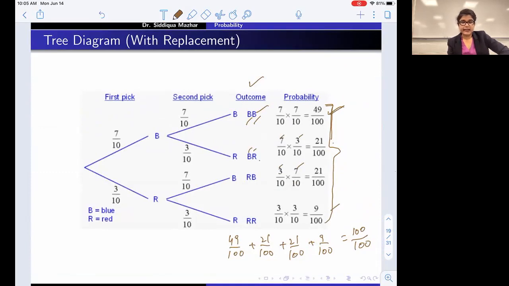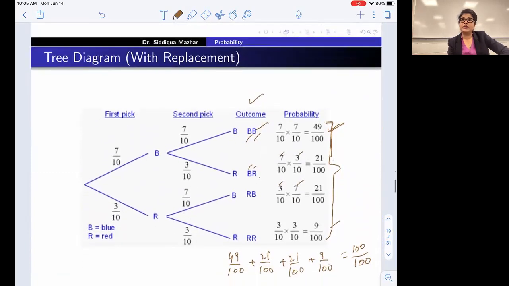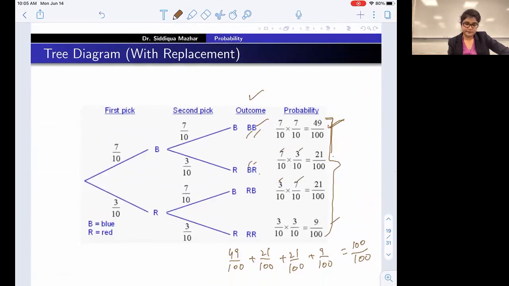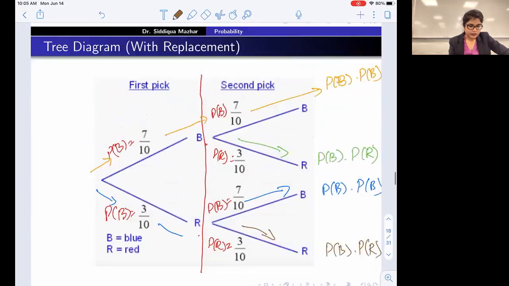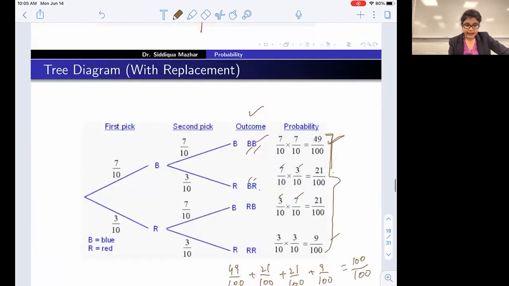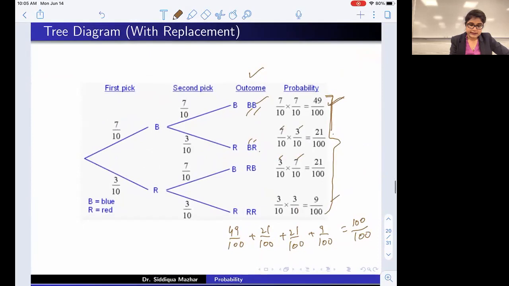The next one is at least one red or at least one blue. At least one blue means at least one or more. So it is the first three: blue, blue, blue, red, and red, blue. You have to add these first three together, 49 by 100 plus 21 by 100 plus 21 by 100, which gives you the probability of finding at least one blue.